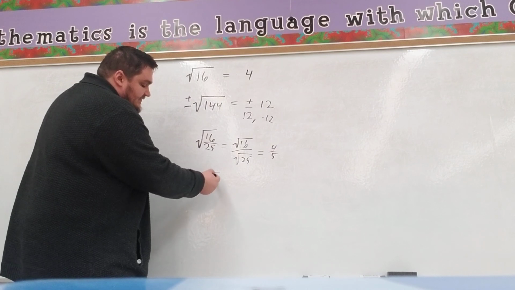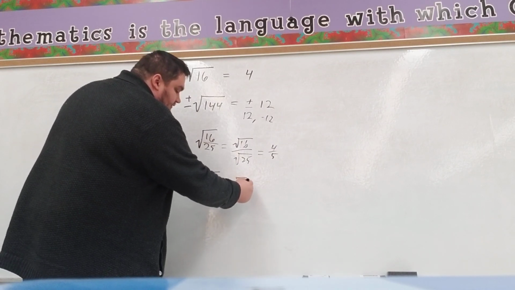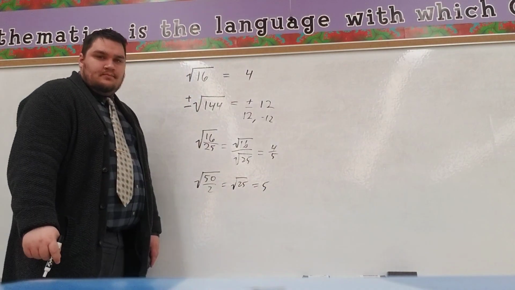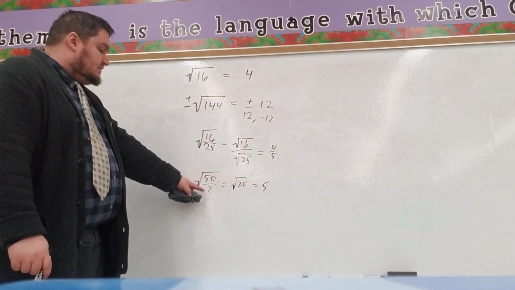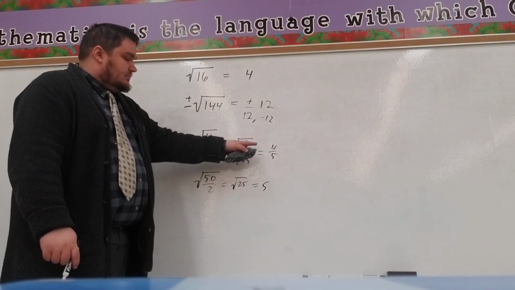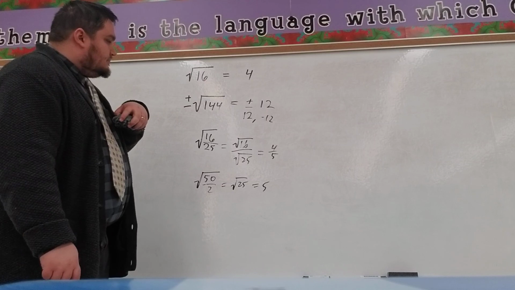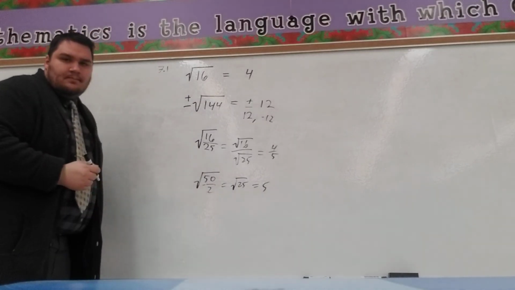However, we can divide 50 over 2 first to make the square root of 25, which would then equal 5. So we can divide inside the square root first before we take the square root, or we can square root first and then divide, 4 over 5. Both of these work. So that was section 7.1.